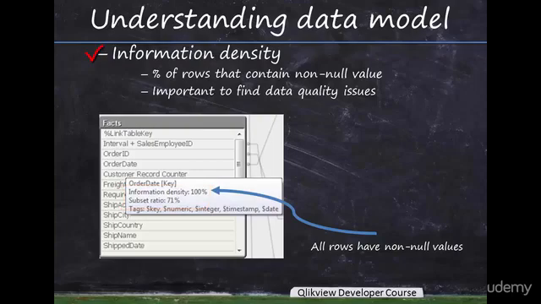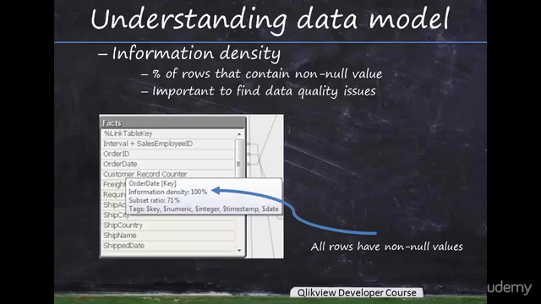By definition, it is the percentage of rows that contain a non-null value, meaning the number of rows that have a value out of the total number of rows for that given field. In the depiction, it shows that order date has 100% information density, which means all the rows for that given field contain a value. And that is important from a development perspective to troubleshoot data quality related issues.